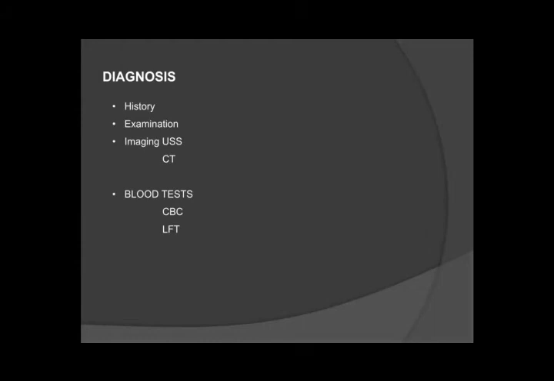All right. Now, to run the diagnosis, before we do, what are the key components of it? We have history, we have examination, and then we have imaging as well. So, we have ultrasound, we have CT, we have blood tests, CBC, LFT.